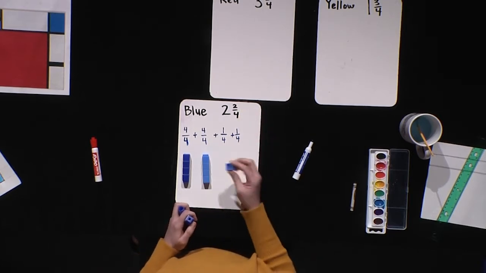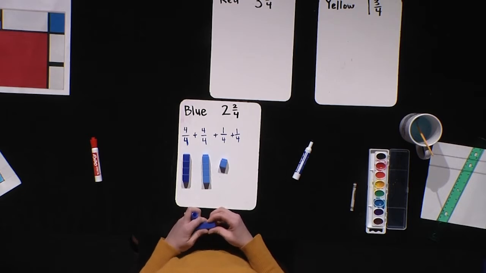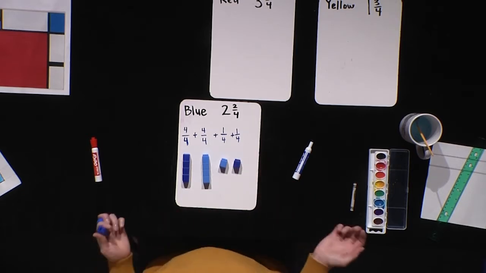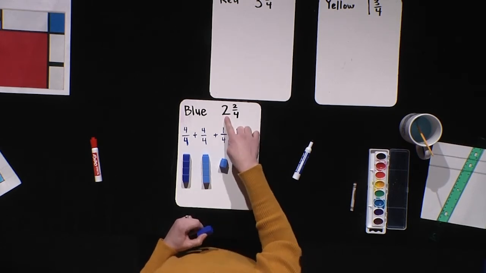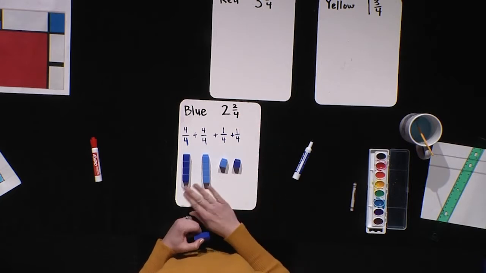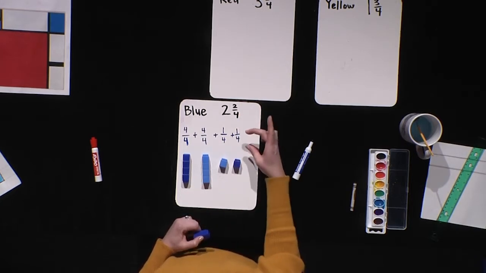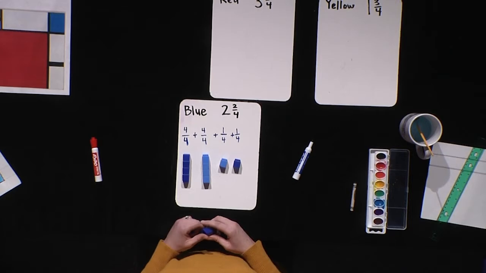So on my cubes, there is my 1/4 and then there is my second 1/4. So you can see right here I have an illustration of the mixed number 2 and 2/4 using my Unifix cubes, and all I did was decompose my fraction.